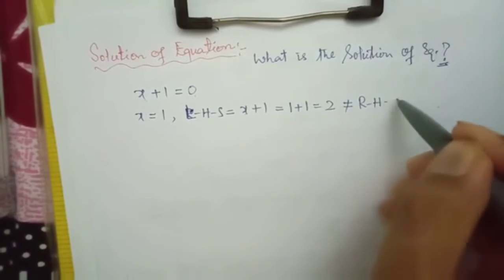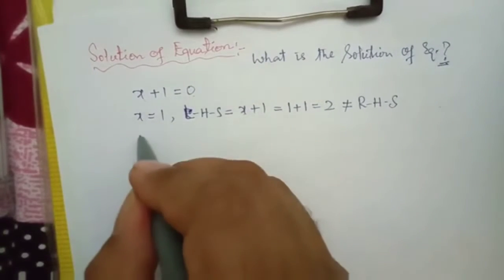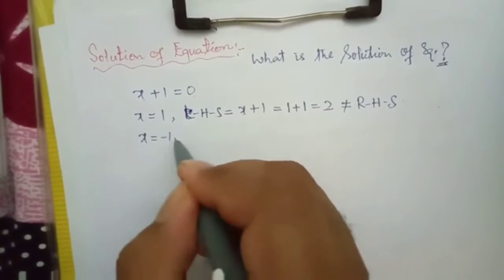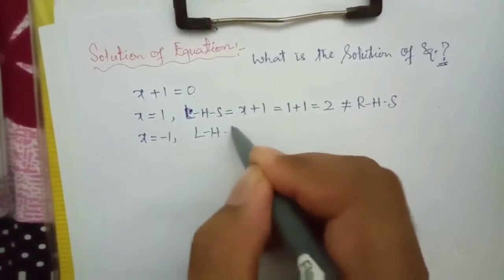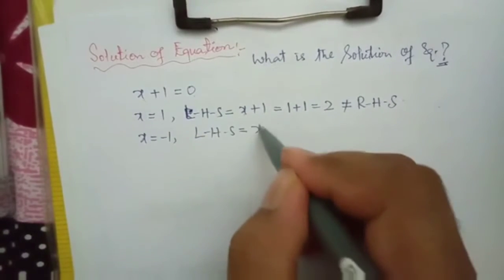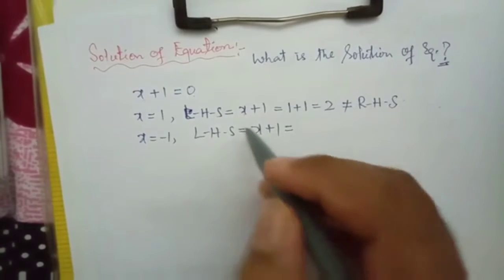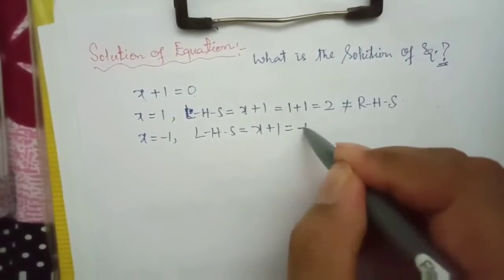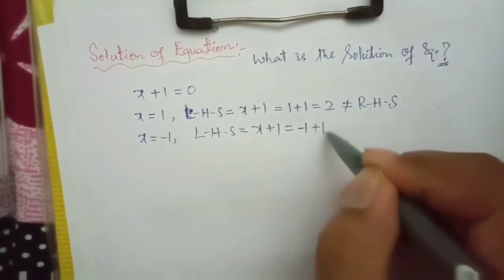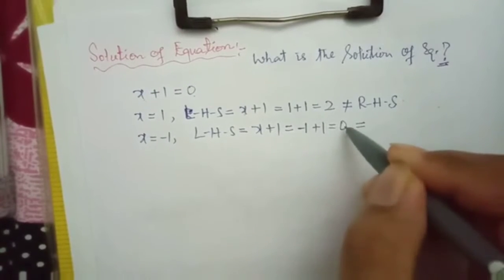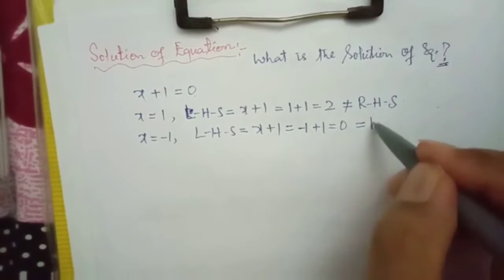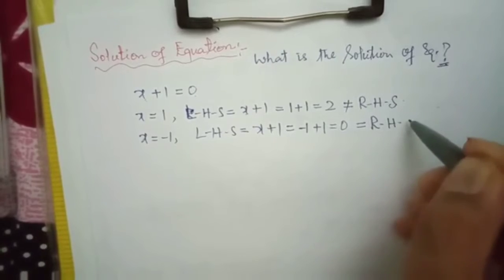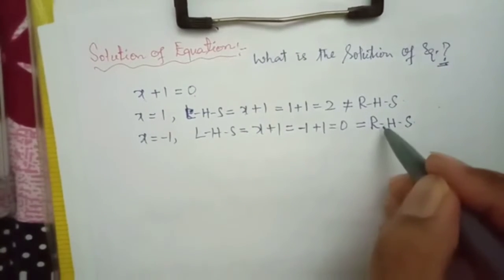Try to understand this. If I put x is equal to minus 1, my LHS in the given equation is x plus 1. In place of x I will write minus 1, then plus 1 is equal to 0. This time LHS is equal to 0. That is also my RHS. So LHS becomes equal to RHS.